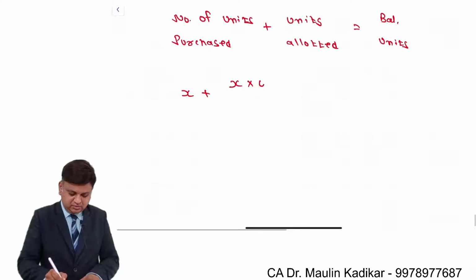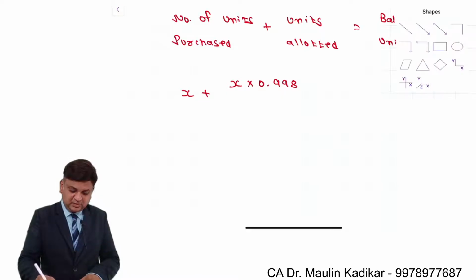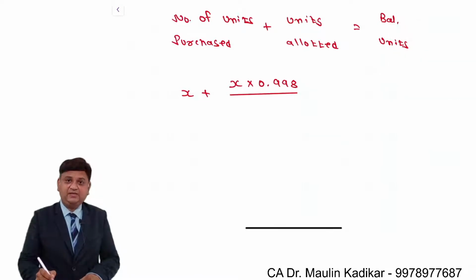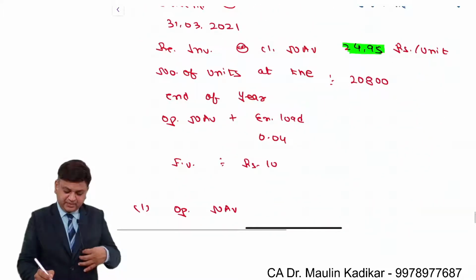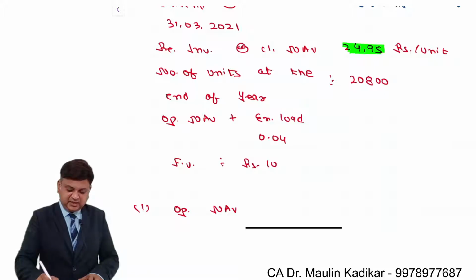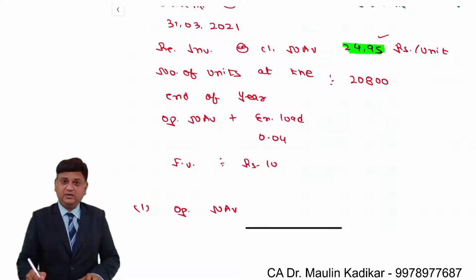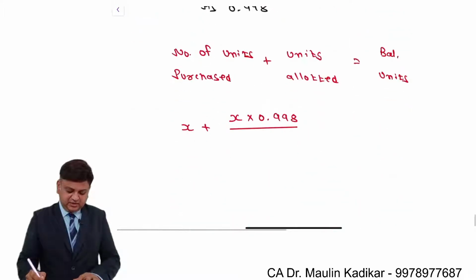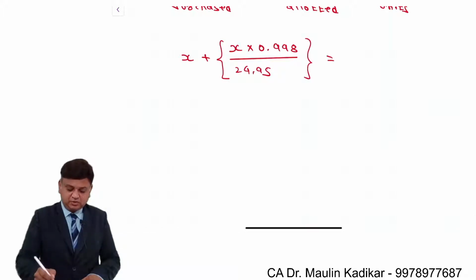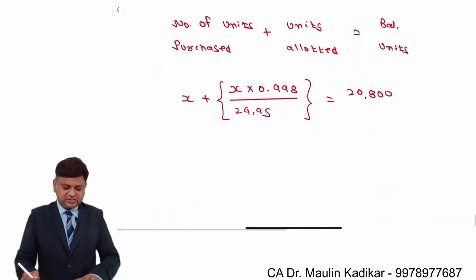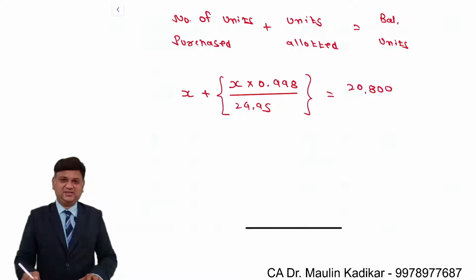So X into 0.998 is the amount of the dividend divided by the NAV per unit. The language of the question clearly provides the information that the units were allotted at the rate of 24.95, that is NAV prevailing at the end of the year. And with that, the total is 20,800 number of units. This is the way we are supposed to make the computation.